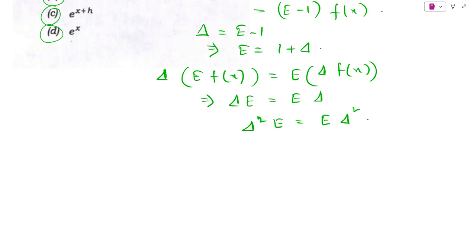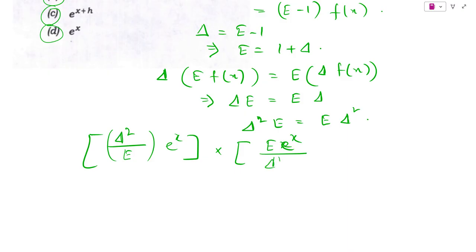Now, armed with the knowledge that these operators commute, let's write out the entire expression given to us and look at it strictly through the structural lines. So the expression is (delta square by E to the power x) into (E to the power x by delta square E to the power x), right?